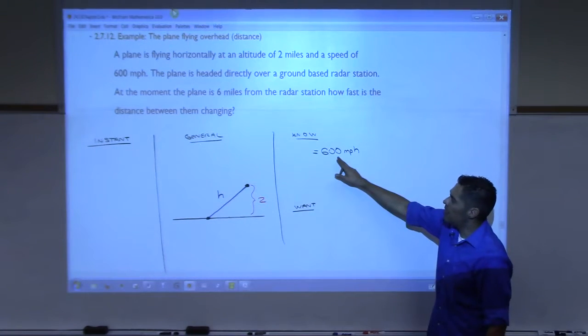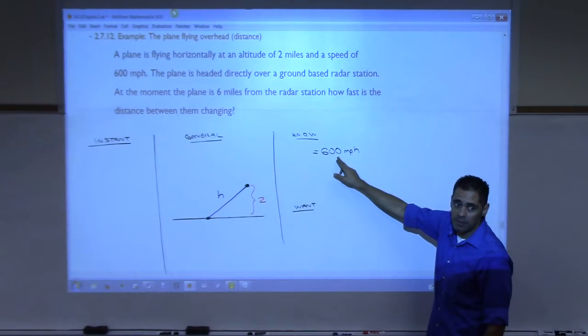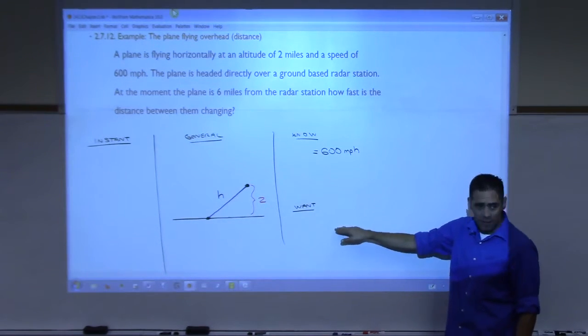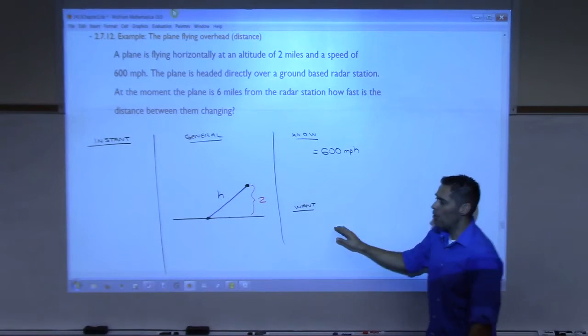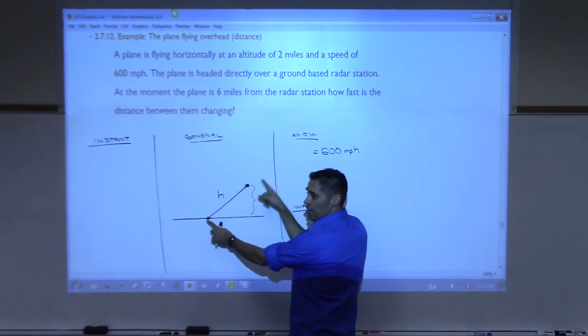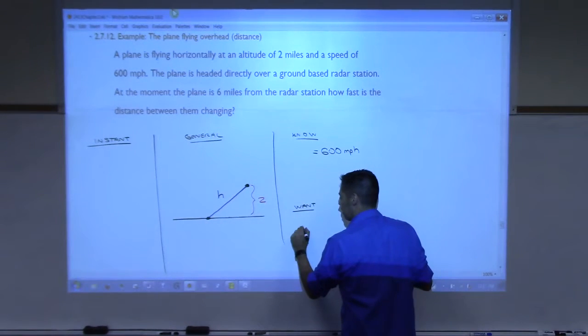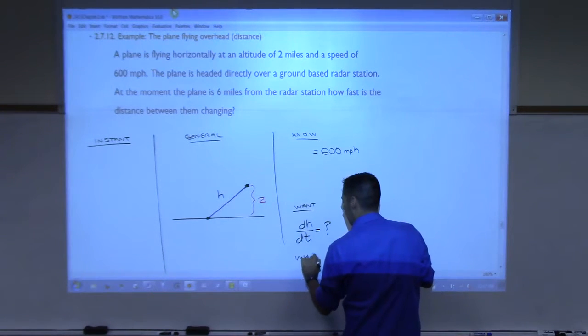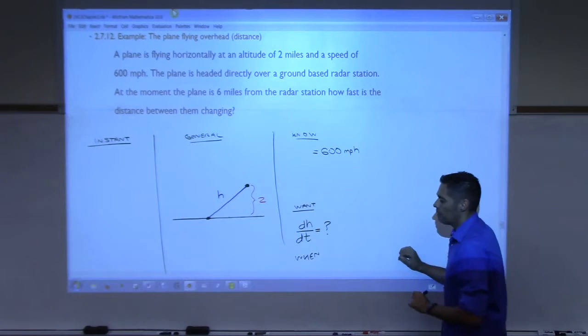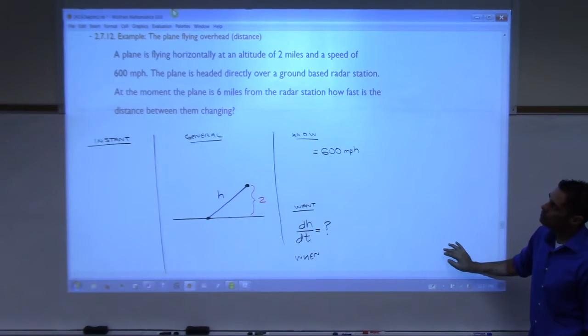Is 600 dH dt? No. But what we want is dH dt. Do you agree with that? I want to know how fast this distance is changing. So I want this. When do I want this? At the moment the plane is 6 miles from the radar station.